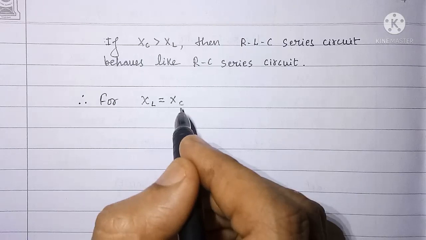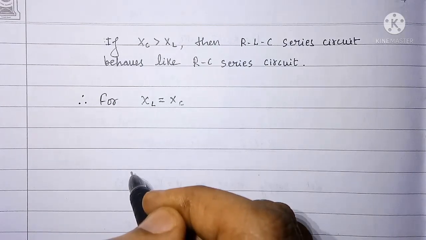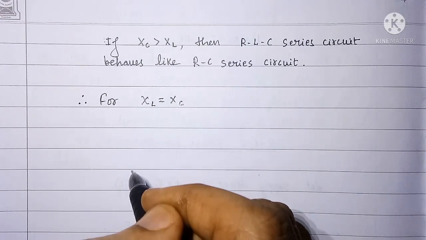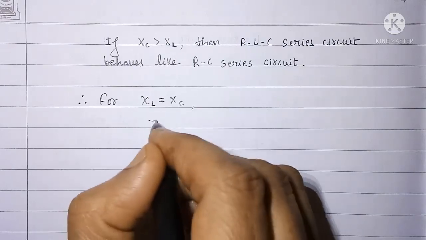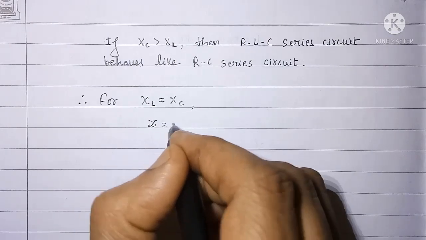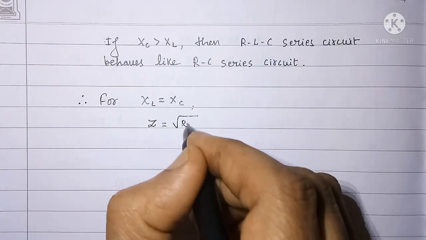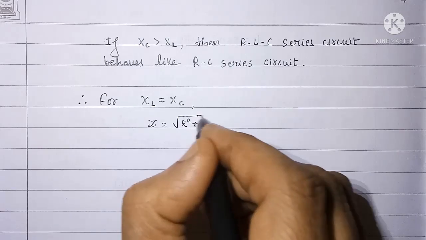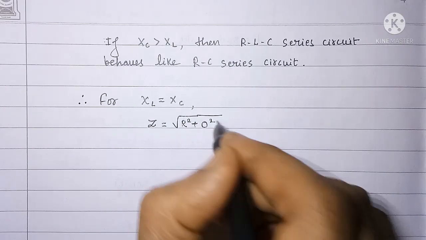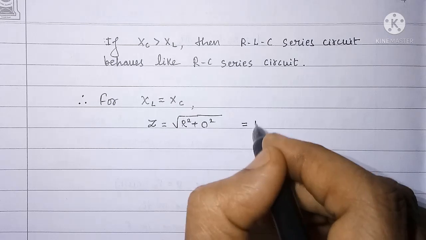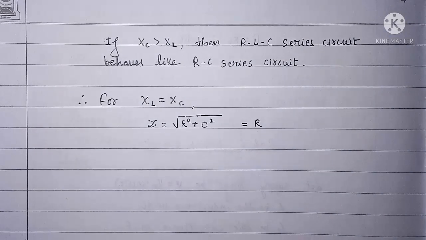Therefore, for XL equal to XC, Z is square root of R square plus 0 square, that is equal to R only.